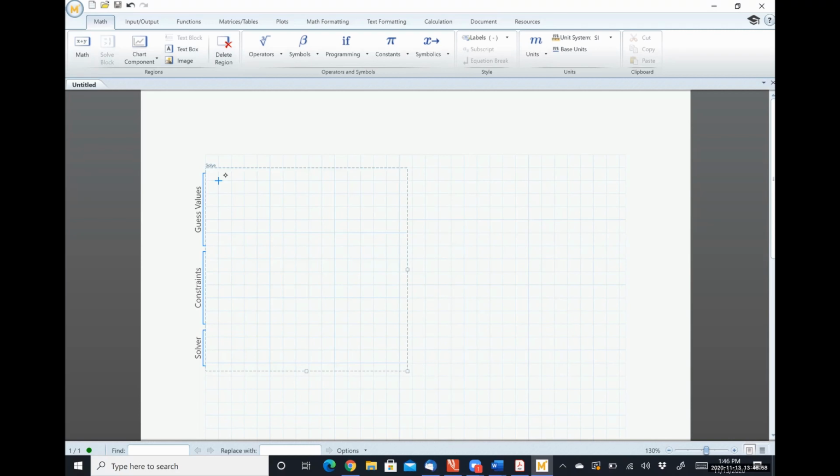Experiencing technical difficulties. All right, started typing. Oh, and now my cursor popped up.